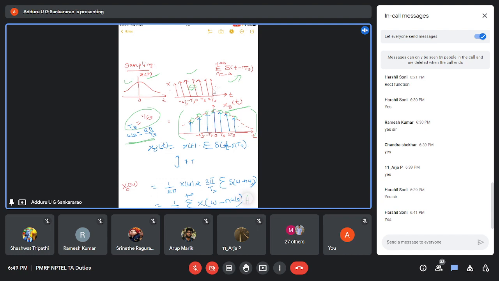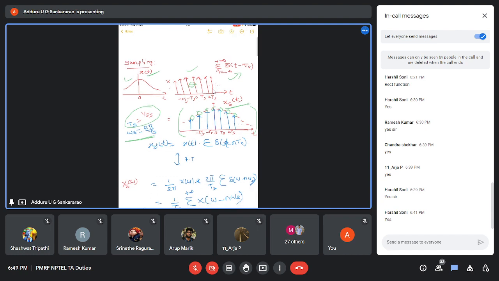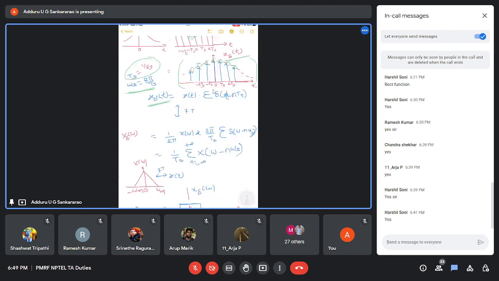So how we can express the sampled signal? x del of t equal to x of t multiplied by the train of impulses, x of t into sigma n equal to minus infinity to plus infinity del of t minus nts. Okay, this is the sampled signal.